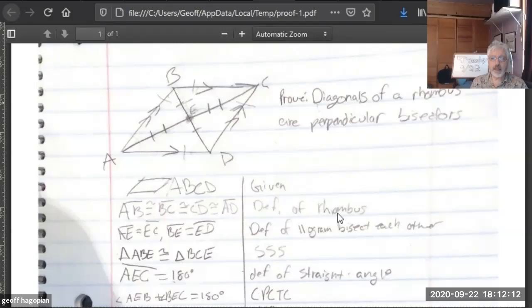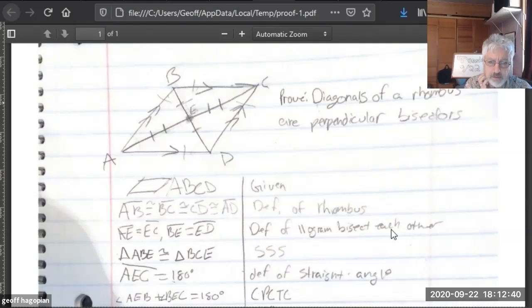Then we have AE equals EC and BE equals ED. And the justification there is the definition of a parallelogram, bisect each other. All right, I mean, so these justifications tend to be sort of terse, right? And so this is terse, and that's fine. But I don't think that's the definition of a parallelogram.